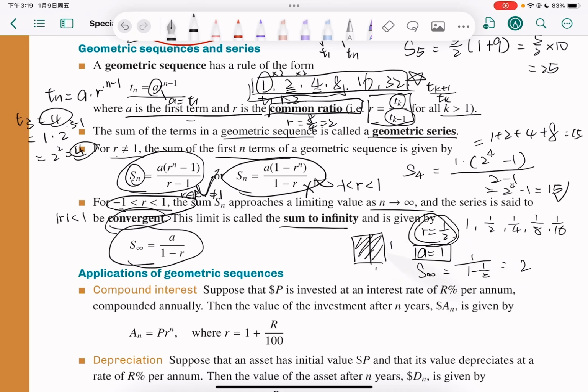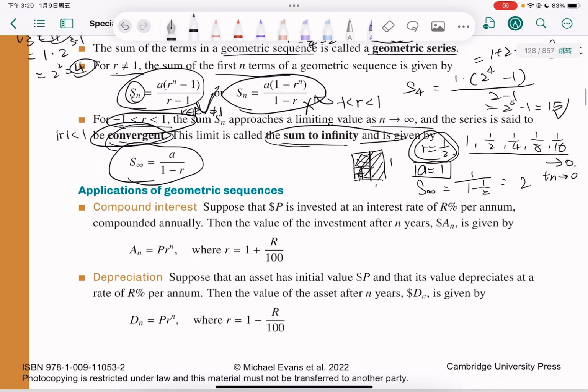Initially it is all the area, then we get half, then another half, another half, and so on till it approaches 0. So this tells us that if Tn is approaching 0, that means this series is said to be convergent, and the sum is also convergent to a single number.